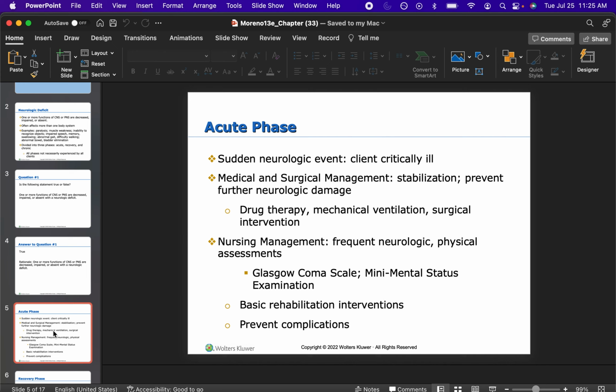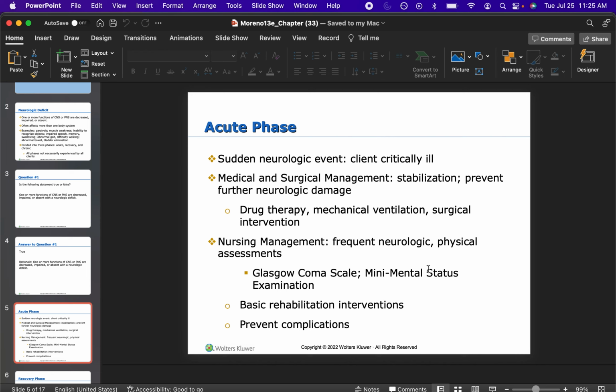All right, so the acute phase is going to be a sudden neurological event, like a stroke, that's more sudden onset. Sorry guys, my words.